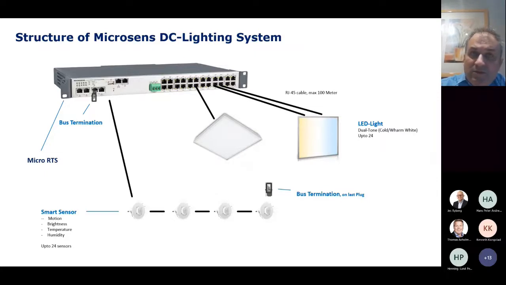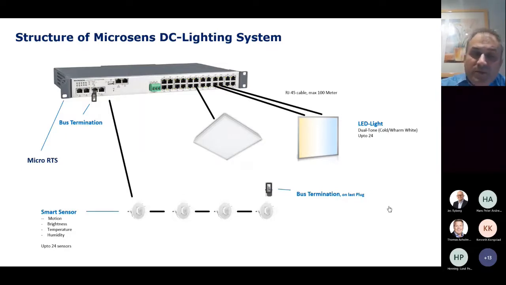This means as long as this condition is fulfilled, you can run any luminaire available on the market. On the other side, you have a really small device which can be connected in a rack in a suspended ceiling, or you can decide to connect it at a central point somewhere in the building.